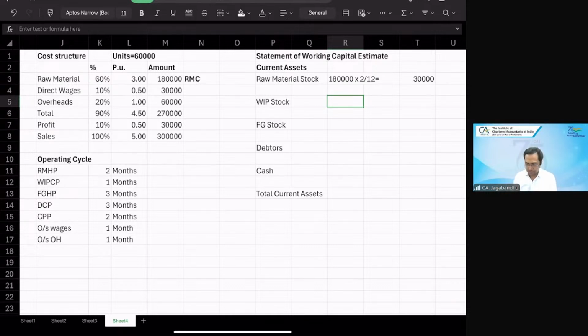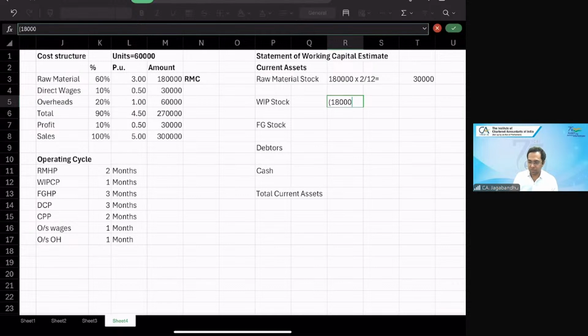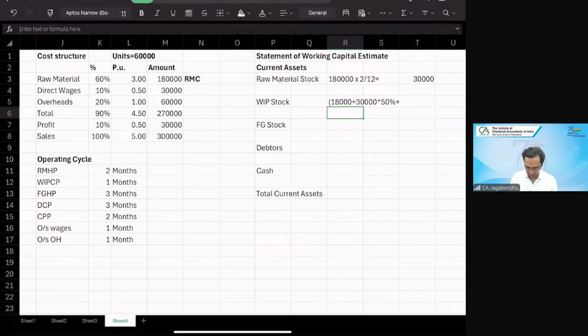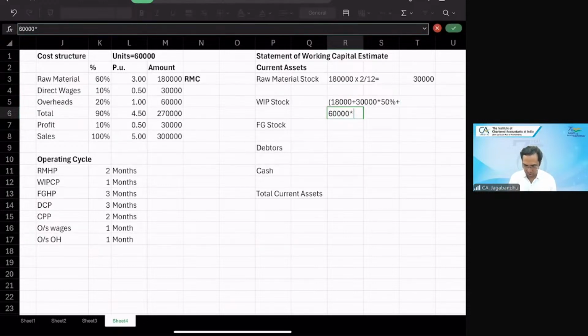18,750. Okay. Well, we take the cost of production, but you need to remember, we don't take the full cost of production. We take only 50% of it. So this is going to be 30,000 into 50% plus 60,000 into 50%. And this entire thing will be multiplied by 1 by 12.